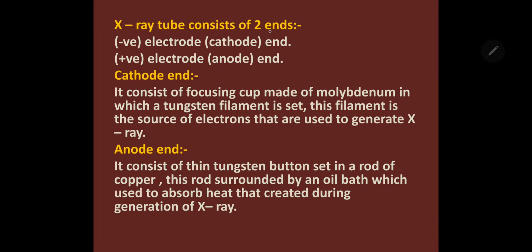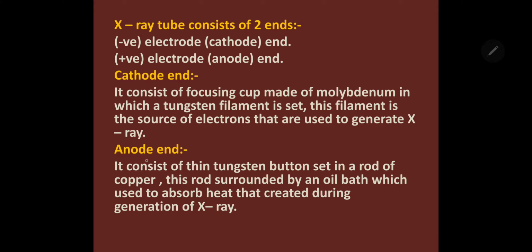The X-ray tube consists of two ends, the negative electrode, cathode, and the positive electrode, anode. Cathode consists of a focusing cup made of molybdenum in which the tungsten filament is set. This filament is the source of electrons that are used to generate X-ray.